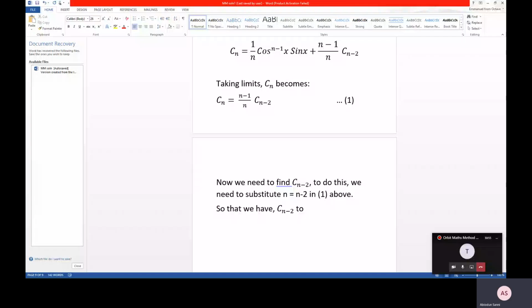So that we have C(n-2) after substituting above here. We have C(n-2) to now be, and just copy this.